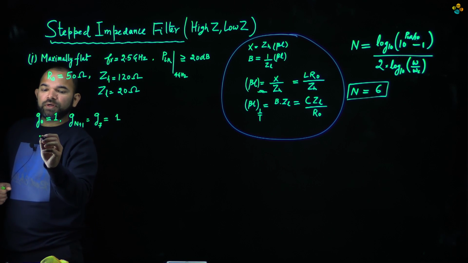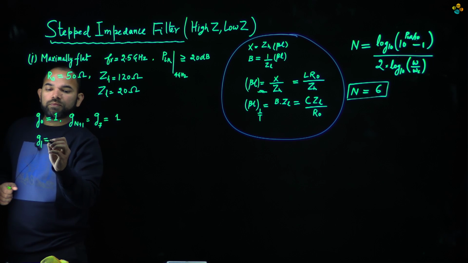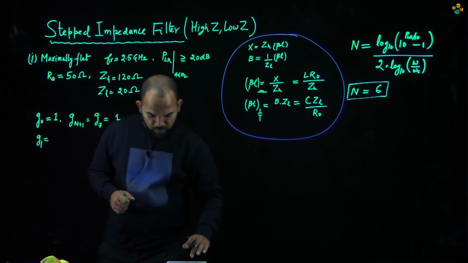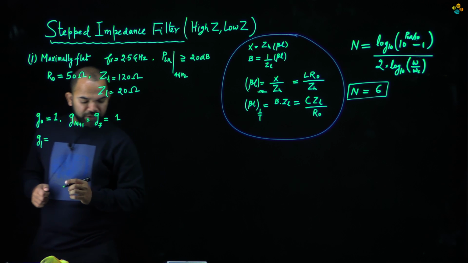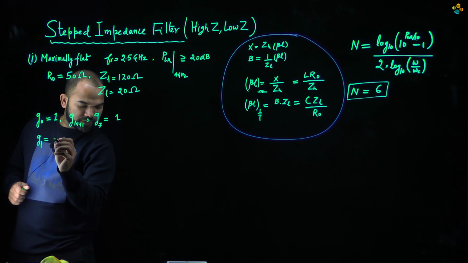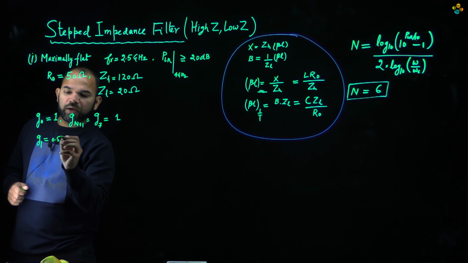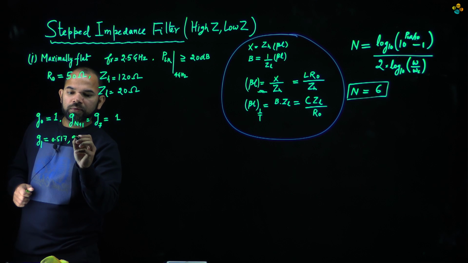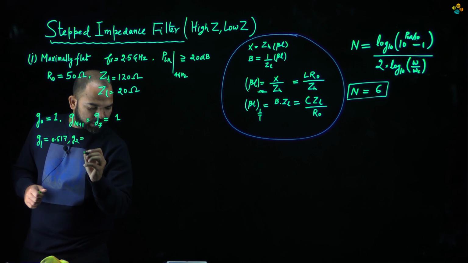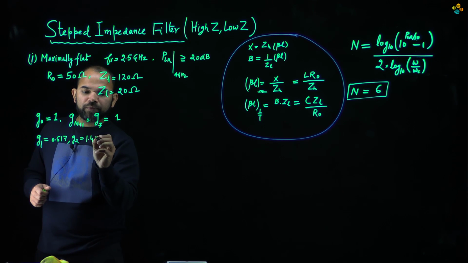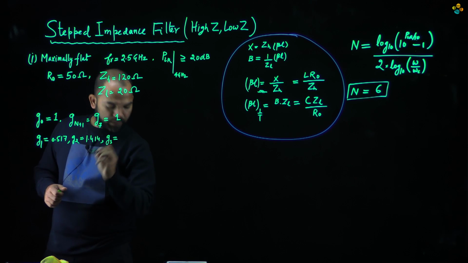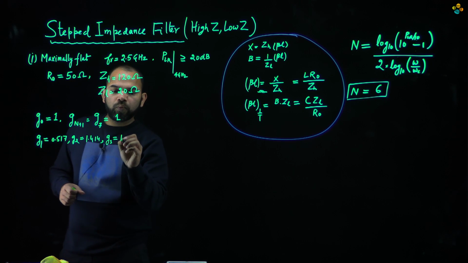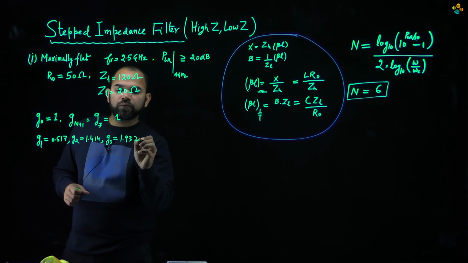Now G1. So G1, I'm just taking as a reference from the book. So I'm writing very quickly, G1 is 0.517, G2 is 1.414, G3 is 1.932.